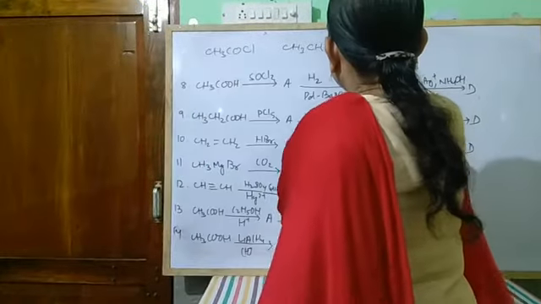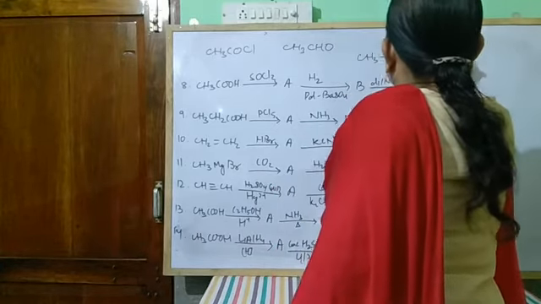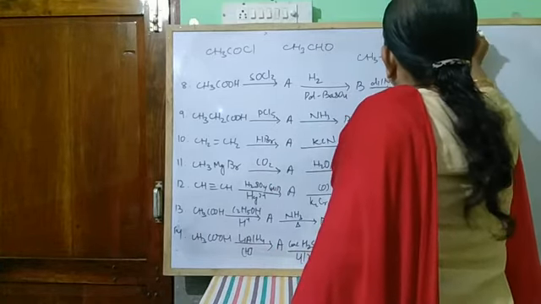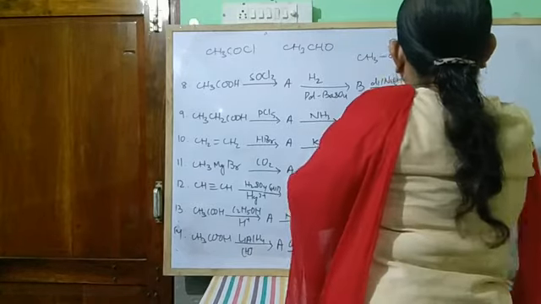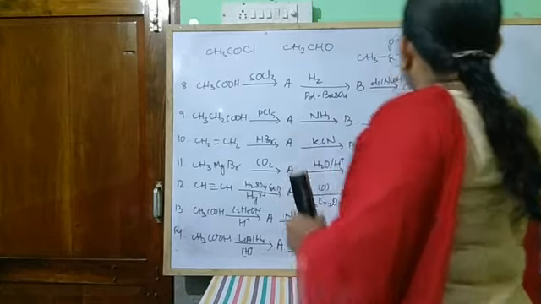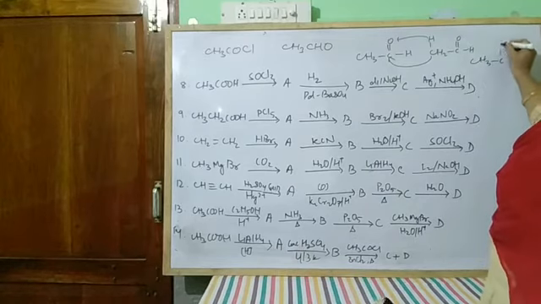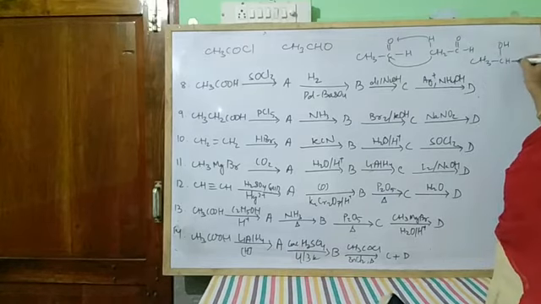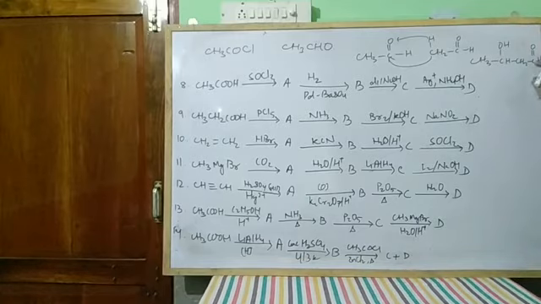So in the aldol condensation reaction, one hydrogen group, and in this way it forms CH3 CH(OH) CH2 CHO, a beta hydroxyaldehyde.